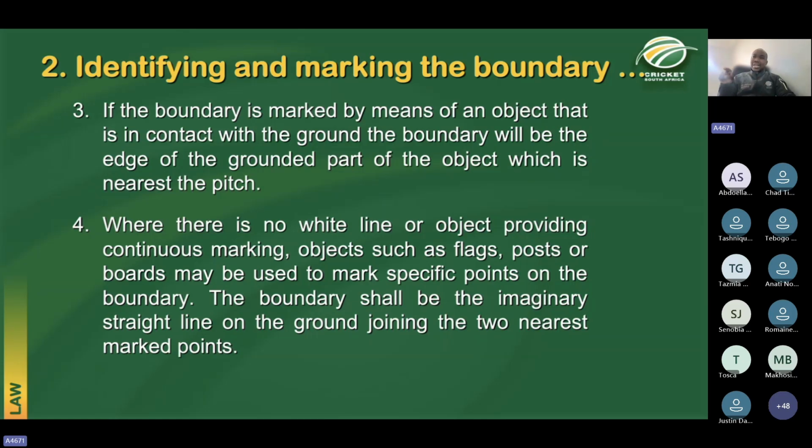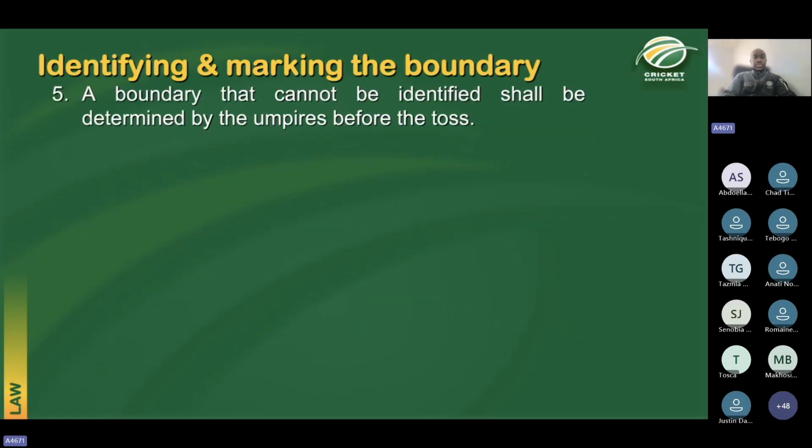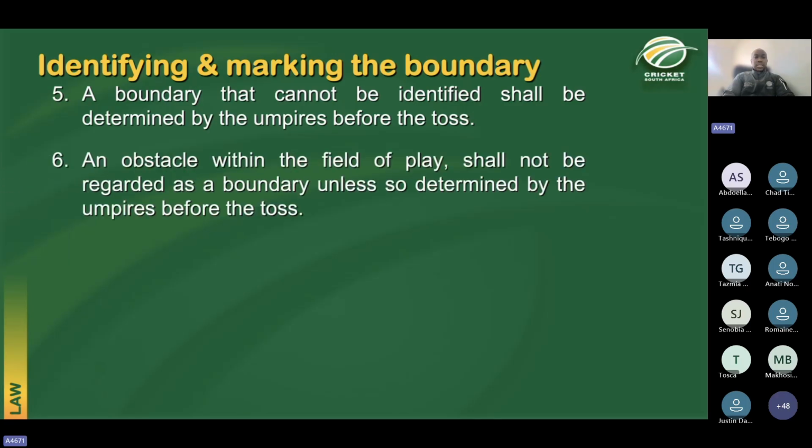It's straight lines from one cone to the next. That is how we should imagine that boundary when we are using objects and we don't have a continuous white line or a full rope that doesn't have any gaps. A boundary that cannot be identified shall be determined by the umpires before the toss.